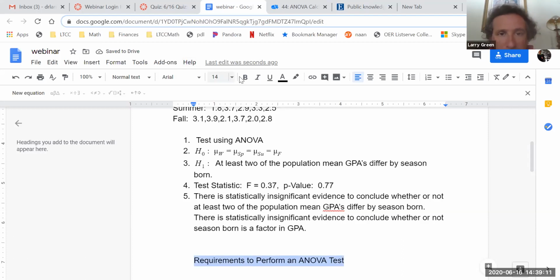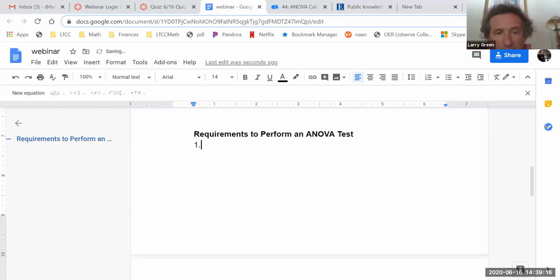Number one, and your idea of it's not big enough sample was right, but your grammar wasn't right because there was more than one sample. So we have to make sure that all of the sampling distributions are approximately normal.